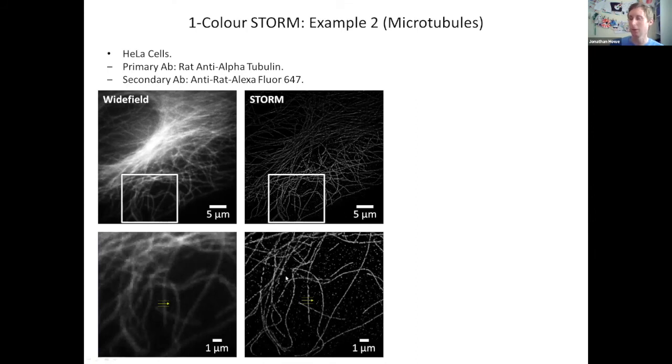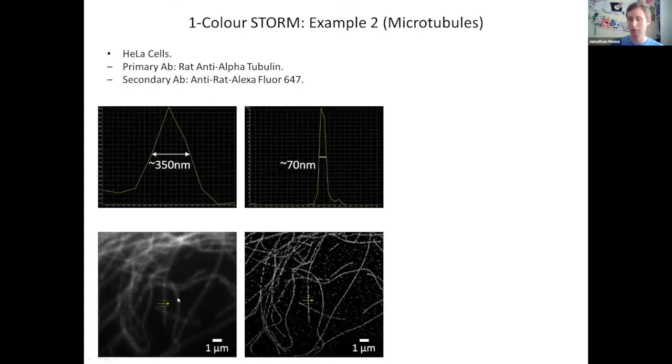And if we use that trick of taking a line profile across an individual microtubule, we can estimate the resolution. In the wide field image, it's around 350 nanometers, which is to be expected for this long wavelength dye. But in the STORM image, it's down at 70 nanometer resolution, so even better than on the STED.